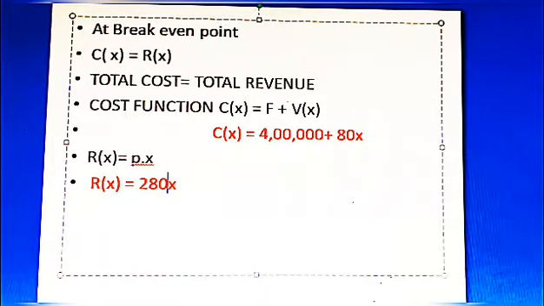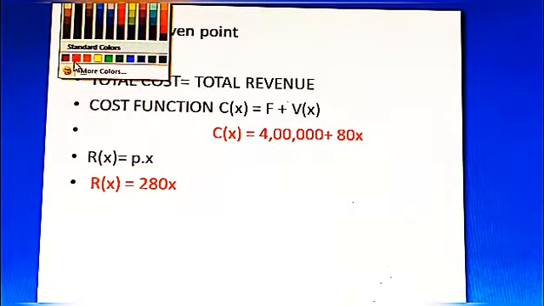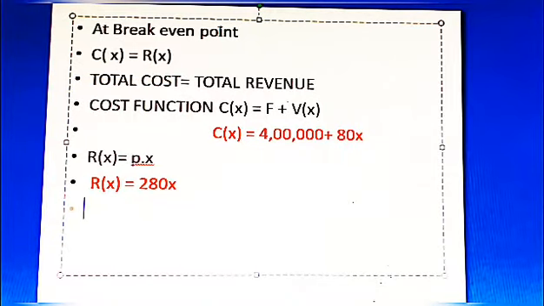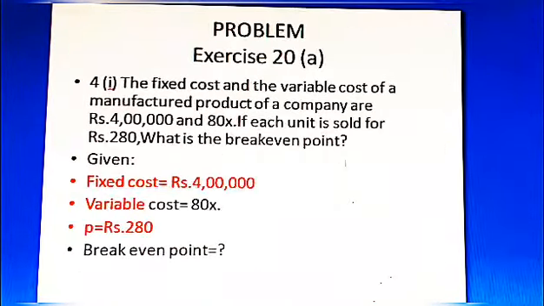The question is we have to find the break-even point. What is the break-even point? The company will neither have a profit nor a loss. So the question is at what point the company has neither profit nor loss, which means they're asking us to find the break-even point.